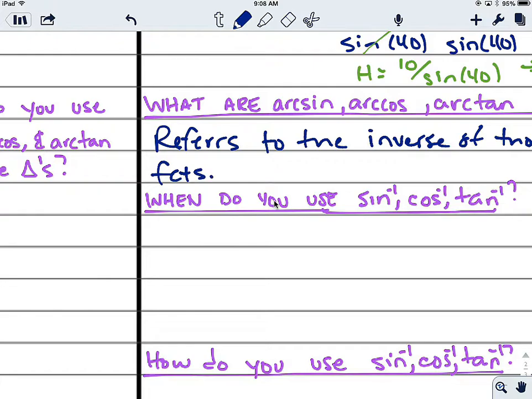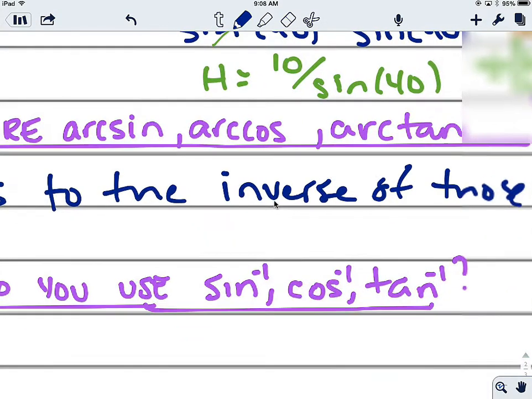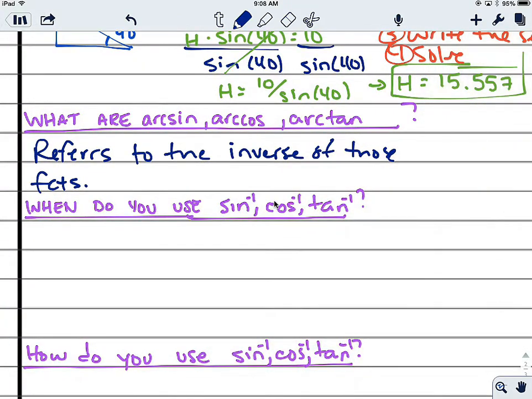I don't know if we use those terminologies in every single classroom, but let's not freak out. Arcsine, arccosine, arctangent, those are just the archaic way of saying the inverse of those functions.